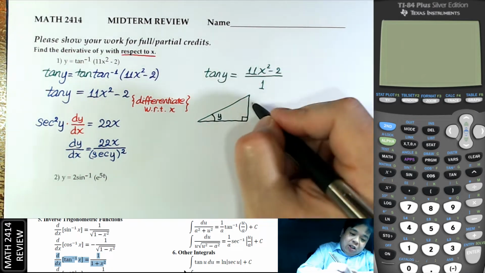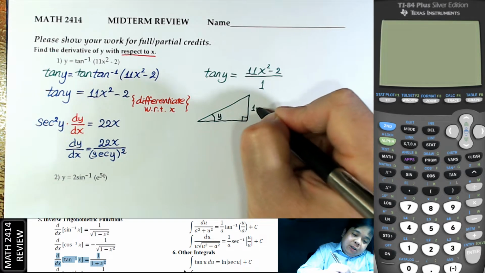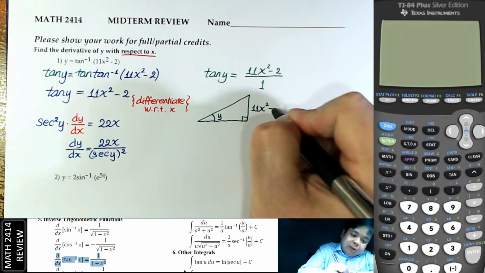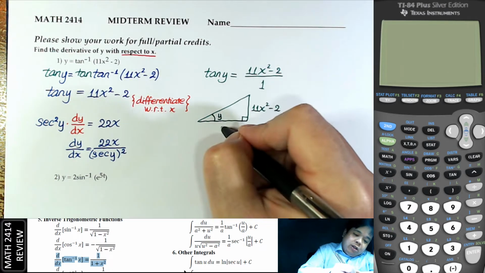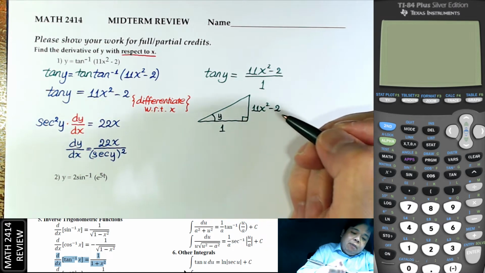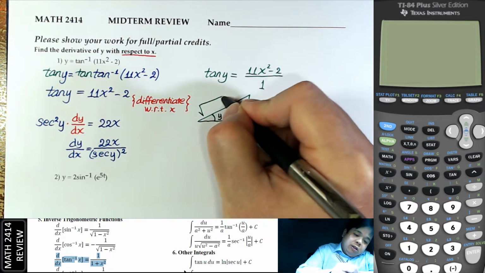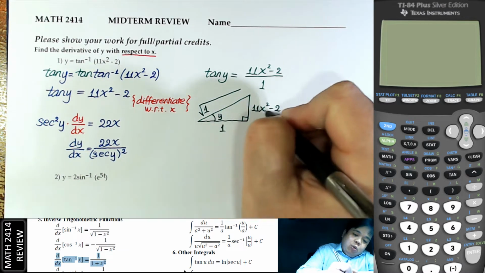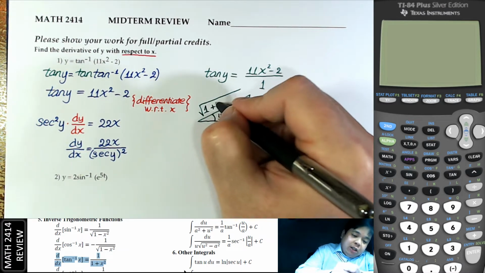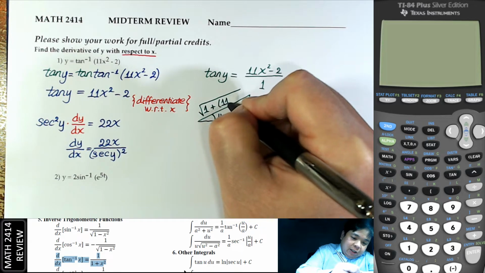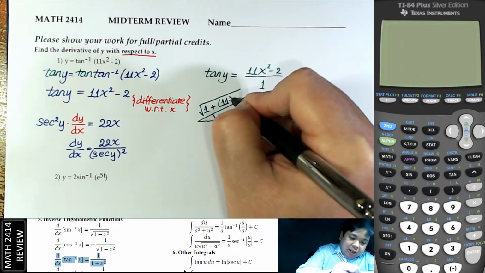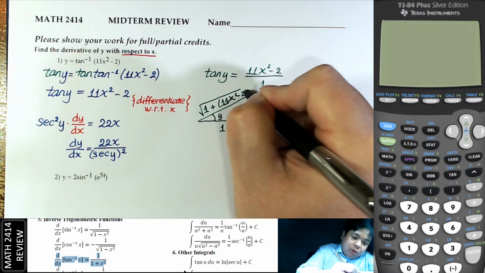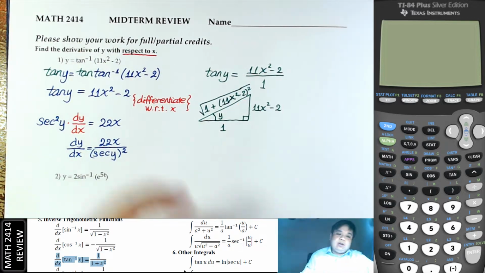Tangent is opposite over adjacent, and then the hypotenuse is the square root of 1 squared, which is 1, plus 11x squared minus 2 squared. Right, so that is the hypotenuse.